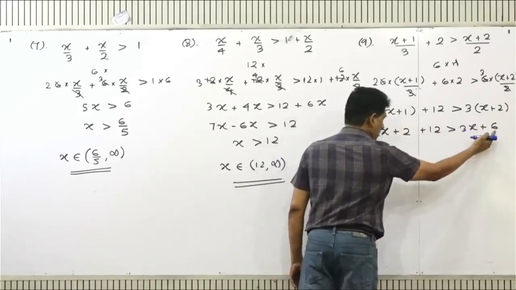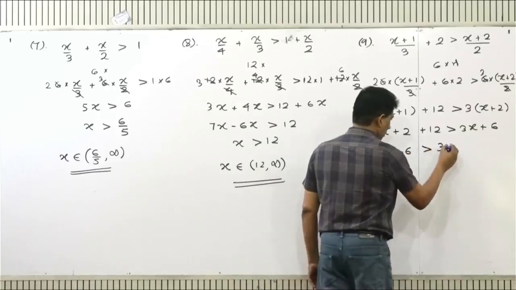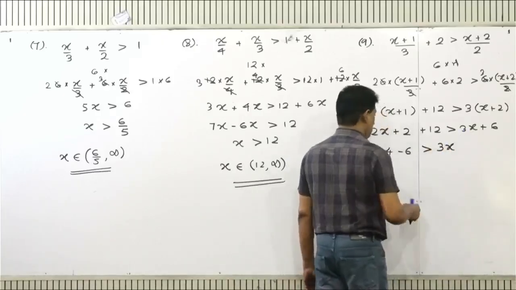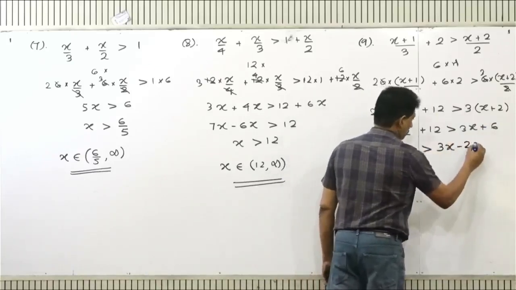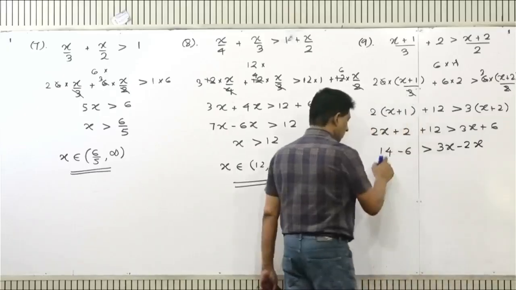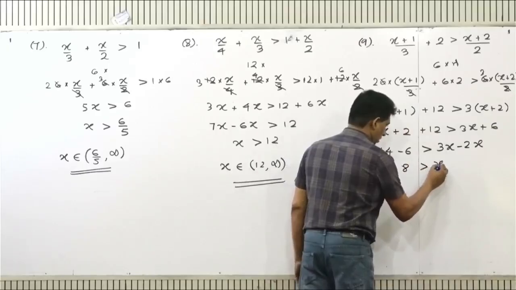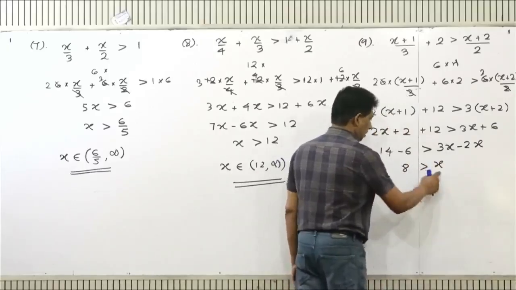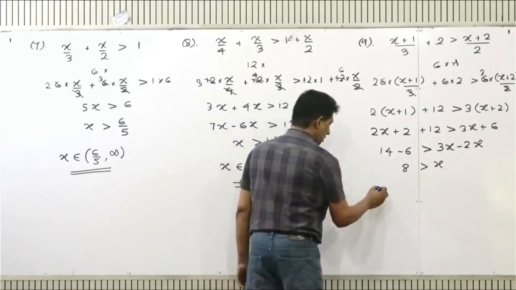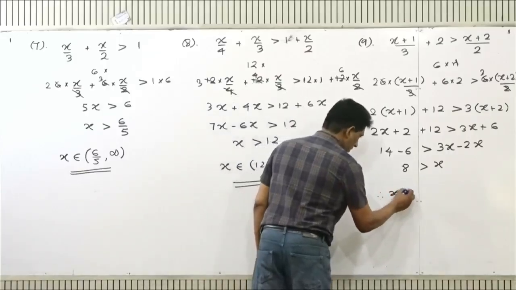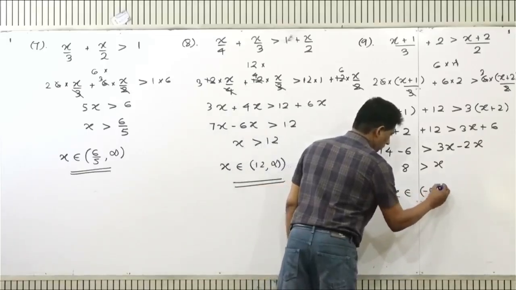We have to take this positive x left hand side minus 6. Here right hand side positive 3x. We have to take this positive 2x to right hand side, then negative 2x. 8 x. That means x is less than 8. No? X is less than 8, then x can take any value in between negative infinity to positive 8.